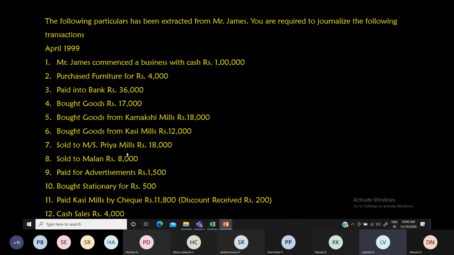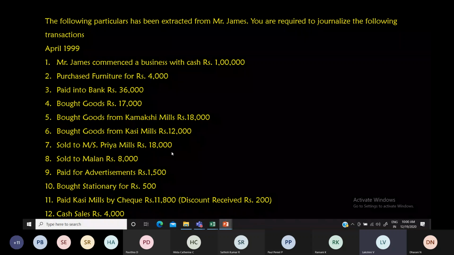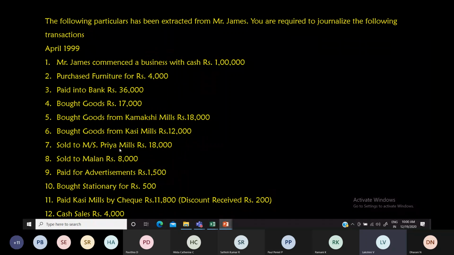You have to keep that in mind. Sold to Mrs. Priya Mills, rupees 18,000. Whether it is sold goods or sold to, we have to use the sales account. Unless an asset is given, such as sold furniture, sold old furniture, or sold plant and machinery, in which case we have to use that concerned asset name.